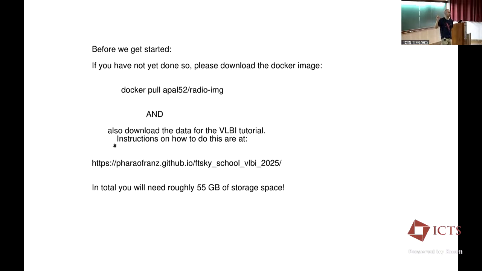If you haven't done this yet, then download the Docker image and the data during the lectures, please, because this will probably take a while because the Wi-Fi isn't too great. Hopefully everybody will manage to download the data because you're downloading some 30 gigabytes of data. And if this is 50 people times 30 gigabytes, you do the numbers. I don't know what the Wi-Fi is like, but please start this now.